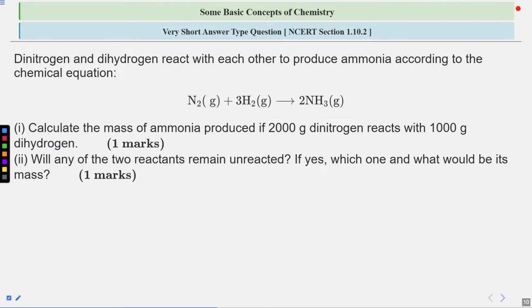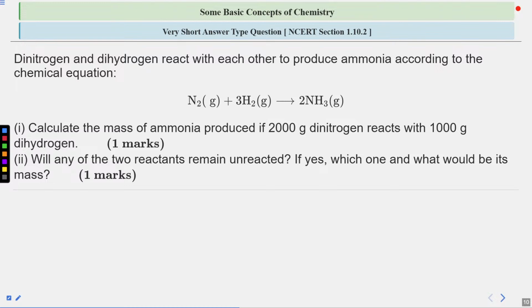The question is, dinitrogen and hydrogen react with each other to produce ammonia according to the given equation. Now, the equation is N2 plus 3H2 gives us 2NH3. So while I am reading this question, you must also analyze at least what this question is asking.